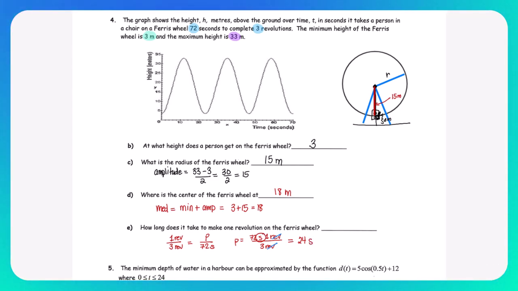So how long does it take? In other words, what's the period? It's 24 seconds. And if you look at the graph, we can't tell perfectly from the graph, but that makes sense. Let's keep going.